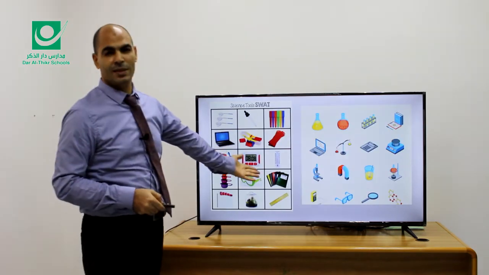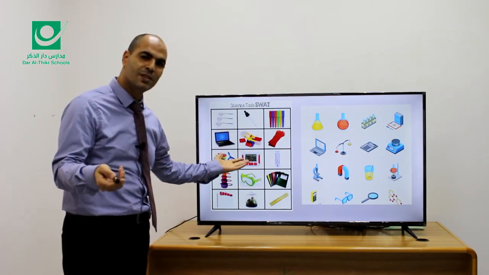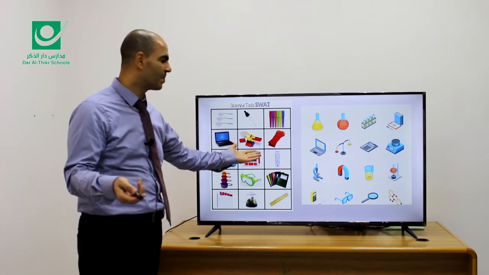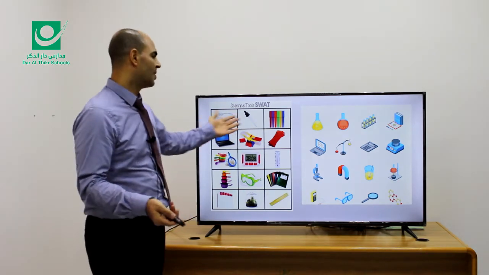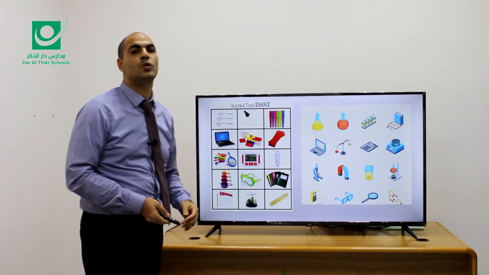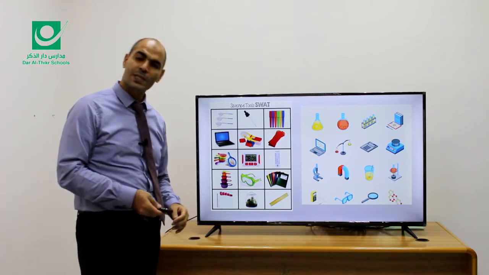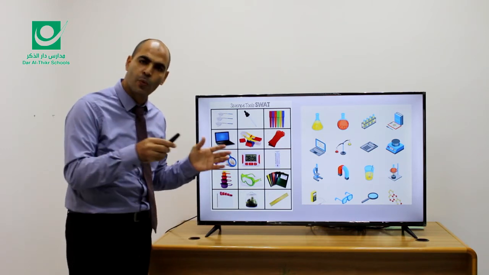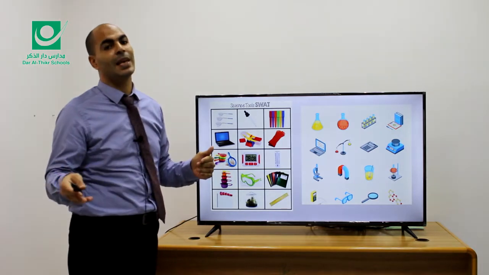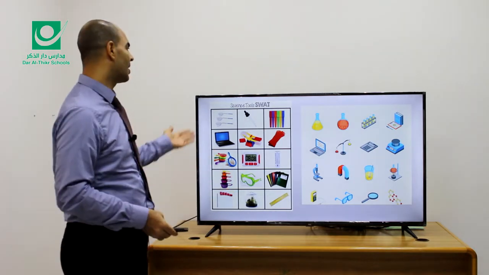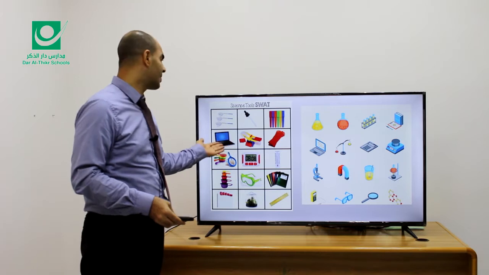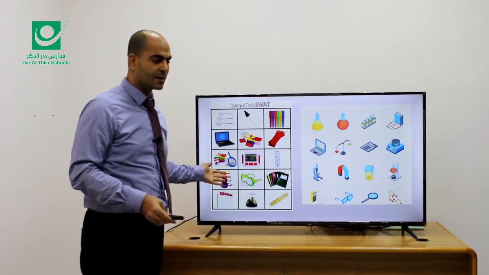Okay, look at this. What do you think this is? Yes, these are science tools. Tools means the things that we need in our science labs. Okay? In a science lab, we need these things.